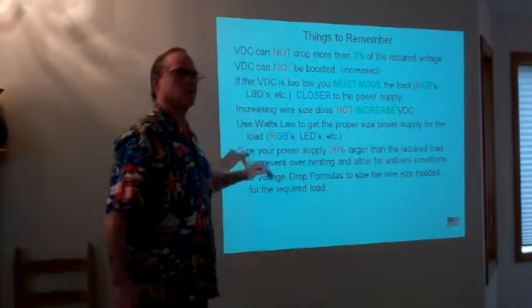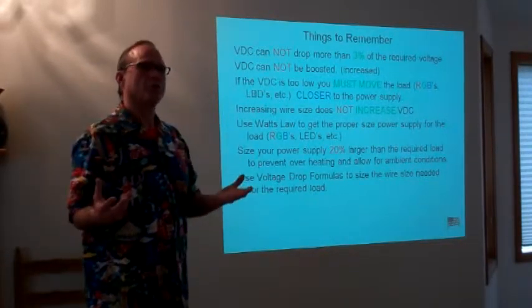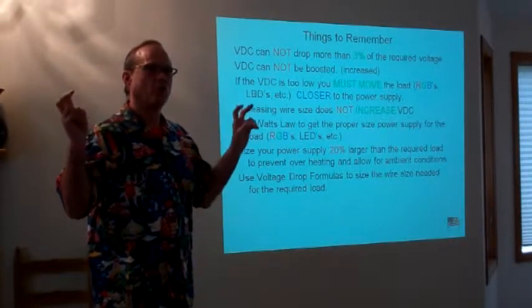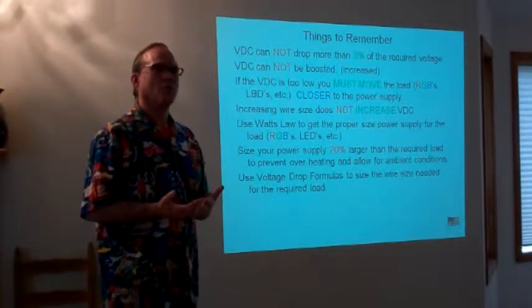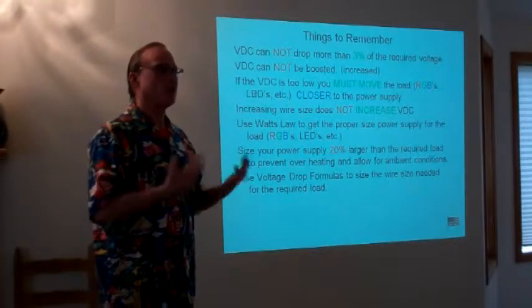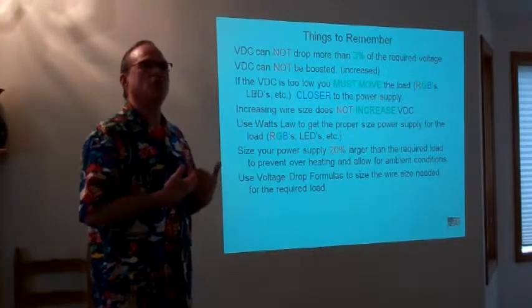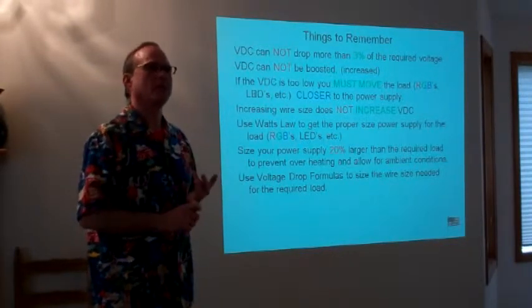20% is what the National Electric Code allows us to put on total current draw for any circuit, no more than 80% of the full rated current value. So if I had a 20 amp circuit in my house, when I'm calculating those loads, I want to put no more than 16 amps of load on there. Or I basically only want to use 80% of my circuit. Why? For this very same reason. I don't want to overheat my conductors.